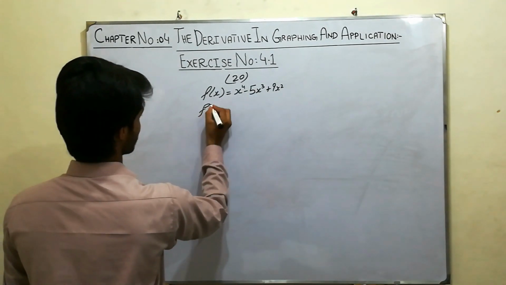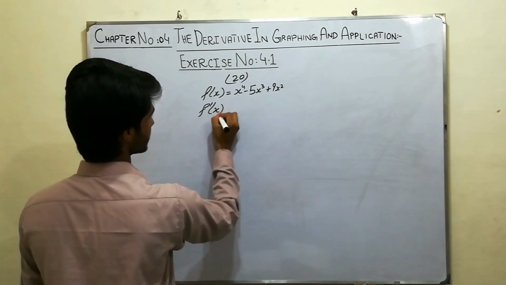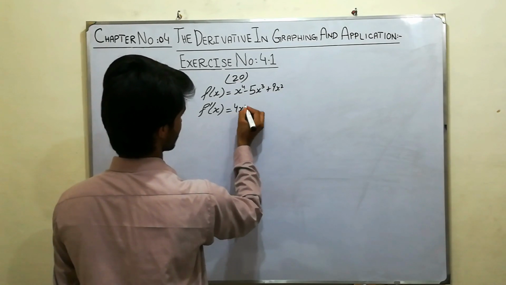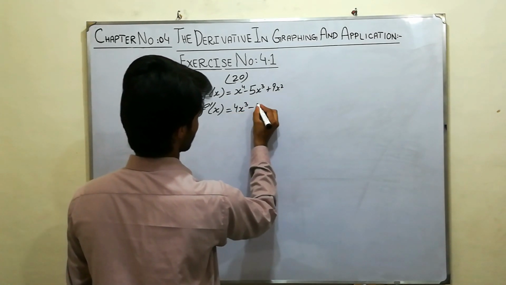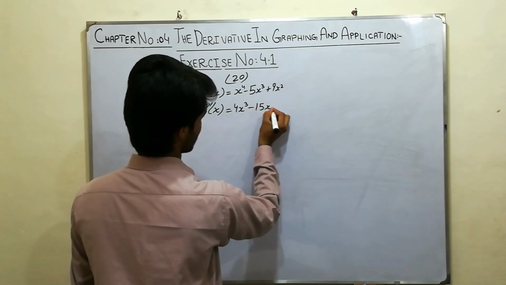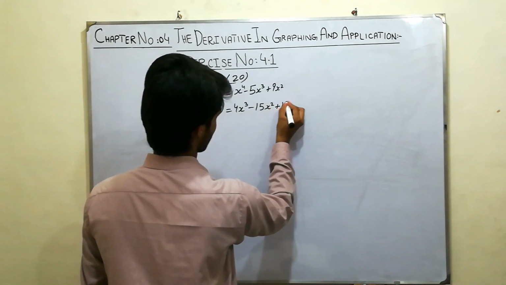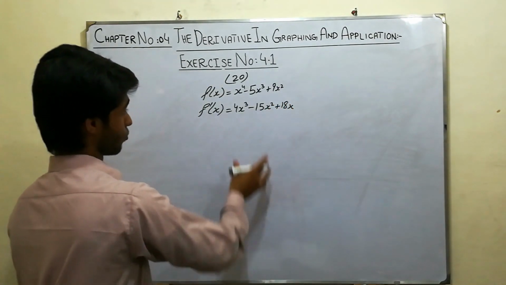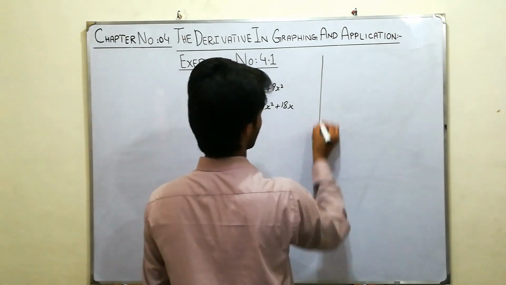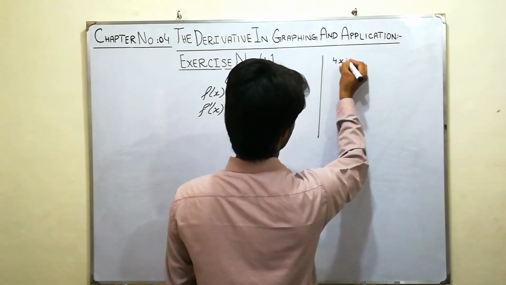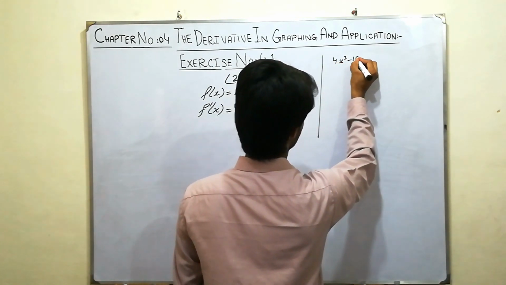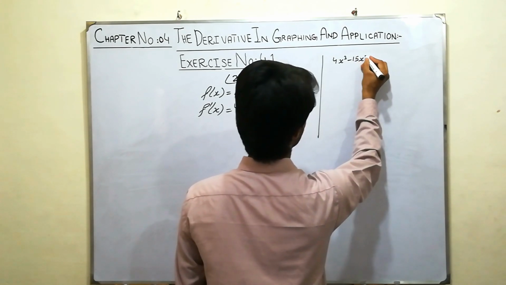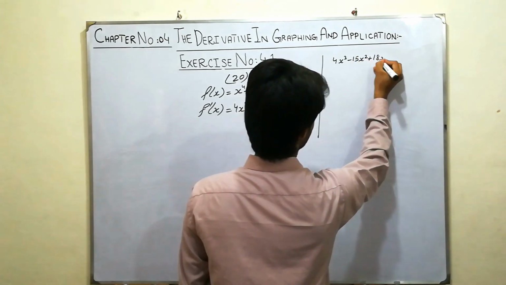Take the single derivative of the function, so we have 4x cubed minus 15x squared plus 18x. Put it equal to 0: 4x cubed minus 15x squared plus 18x is equal to 0.